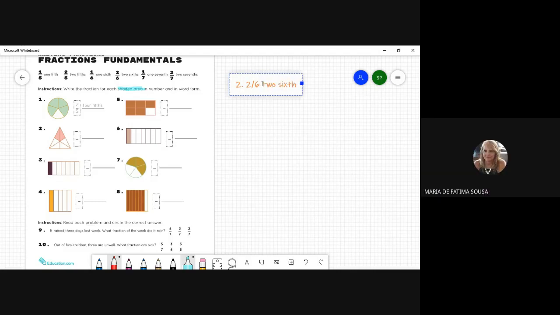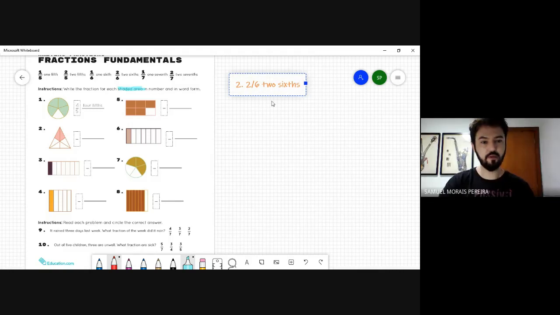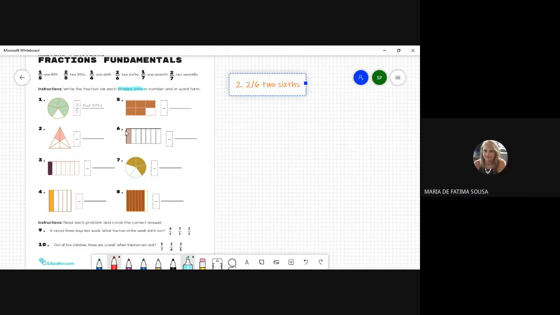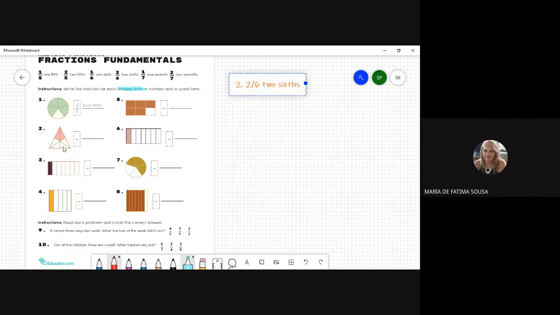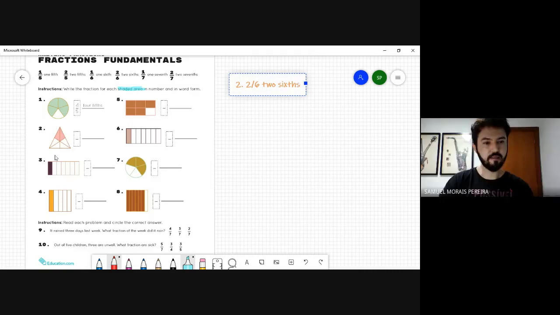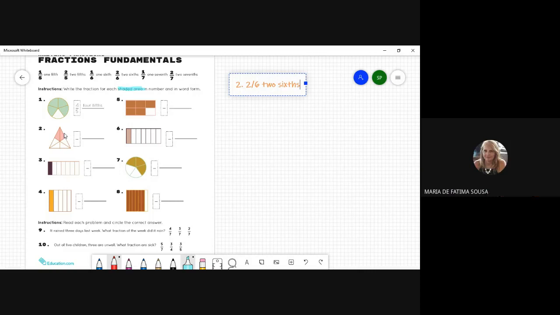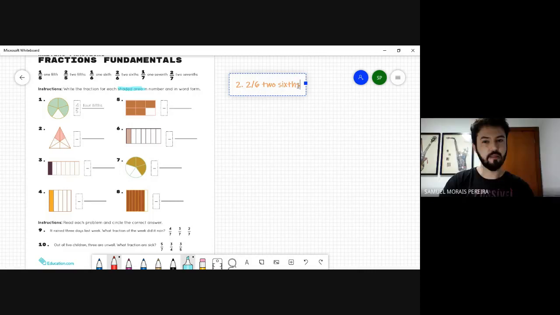No. My image. 5 parts, but here I have 1, 2, 3, 4, 5, 6 parts. Sorry. I have 6 parts, and 2 of them are shaded. Can you see? 2/6. Yes, just like this one here, okay?